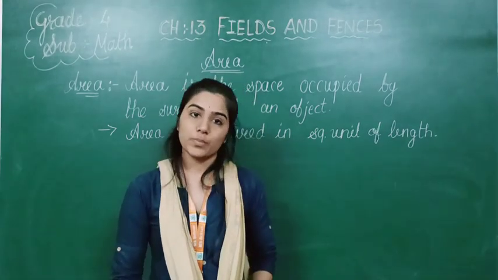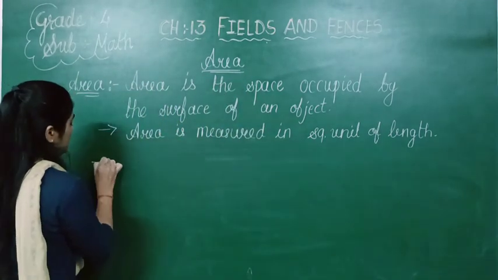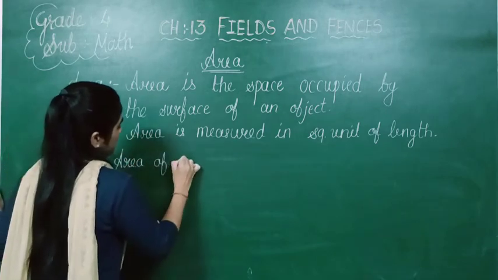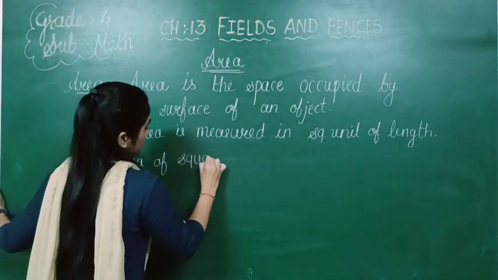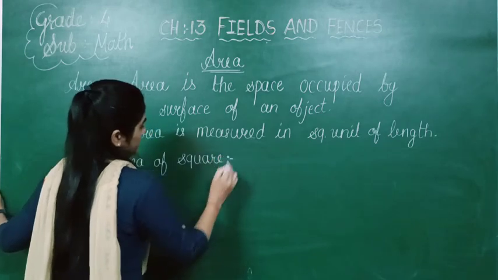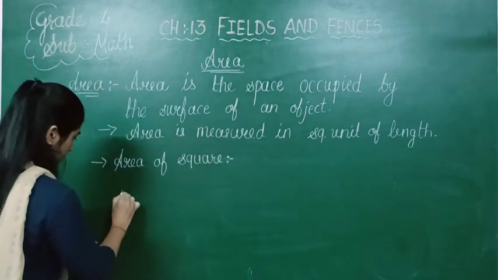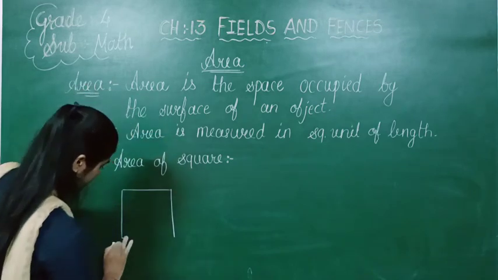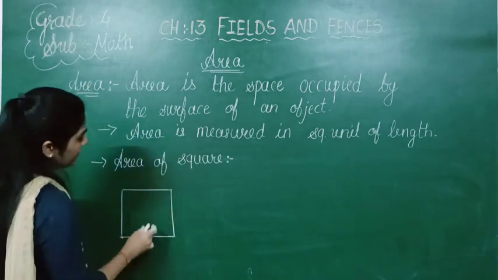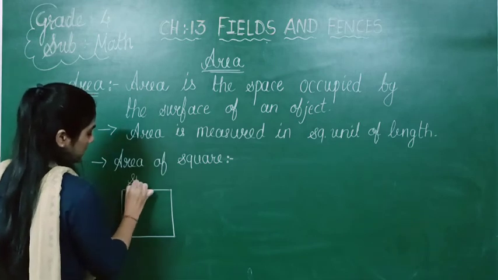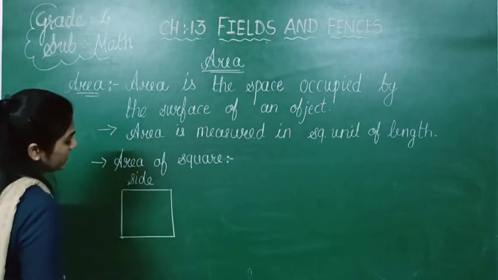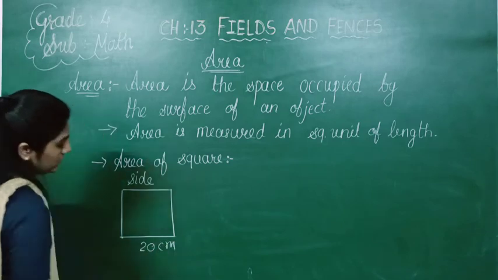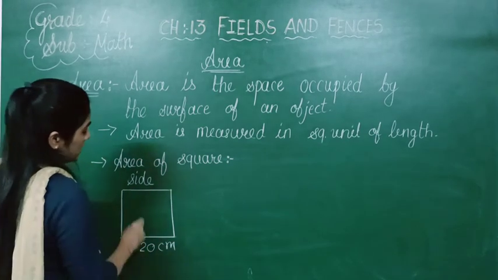Area of square. In the square shape, we know that all the sides are the same. And if we are measuring one side like this, and if I am writing this as 20 centimeter, one side is 20 centimeter.